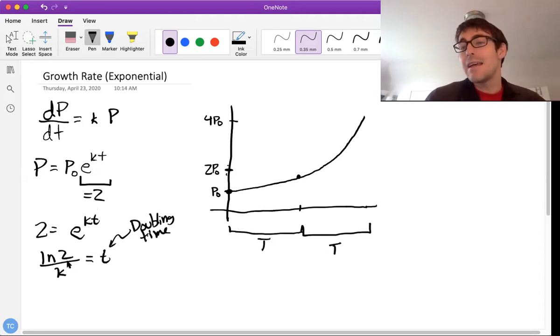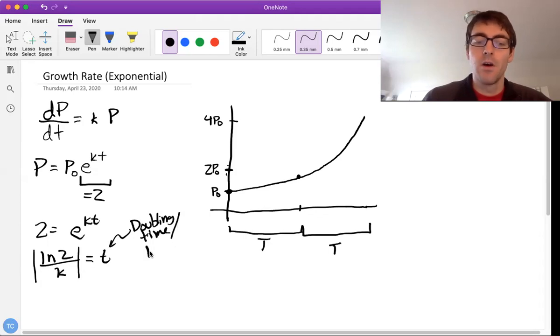If our k is negative, we're in a situation where we've got exponential decay. Rather than talking about how long it takes to double, we'd be interested in how long it takes to halve, because it's decreasing. This formula would give a negative time, but if we put absolute values in front, this is going to make it a positive number, which means that this is going to be either doubling time or half-life.